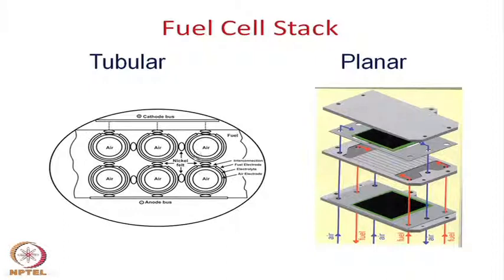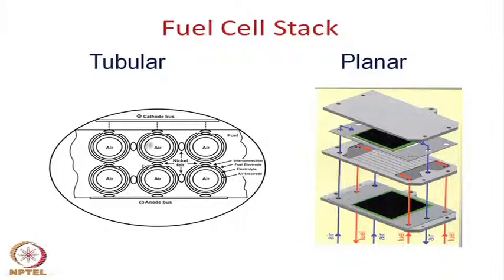Six tubular cells have been put together here, and as I mentioned possibly in the last class, this is the interconnect material. The protruded interconnect connects the cathode on this side and the anode on this side. So, the internal surface is connected to the external surface of the next tube.